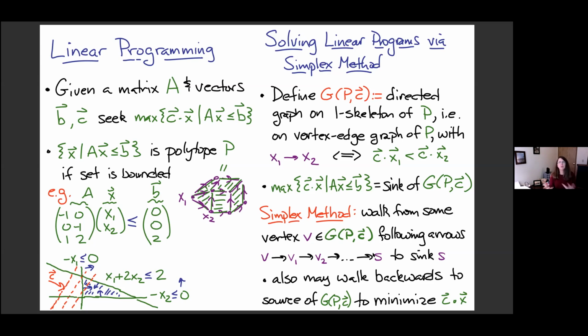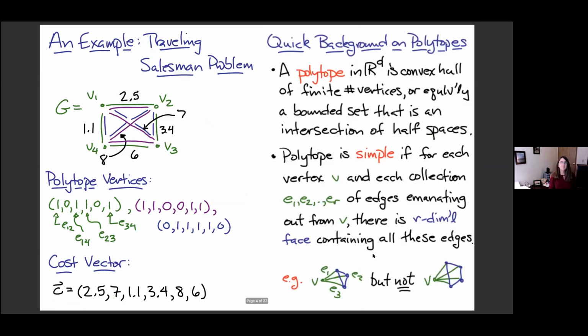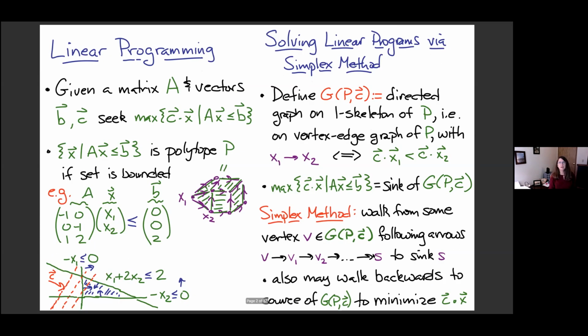Or you could do the reverse if you want to figure out where the cost is minimized: you could walk backward on edges to the source in order to minimize. So that's what the simplex method for linear programming is doing, this sort of greedy walking around on your graph.